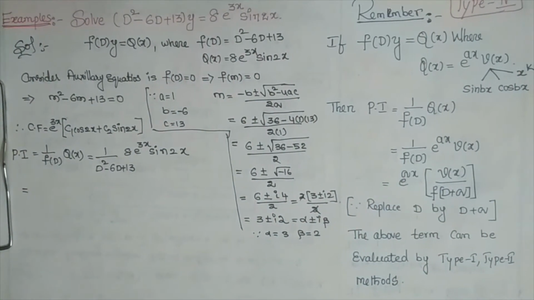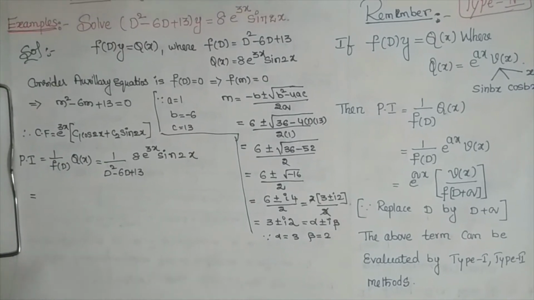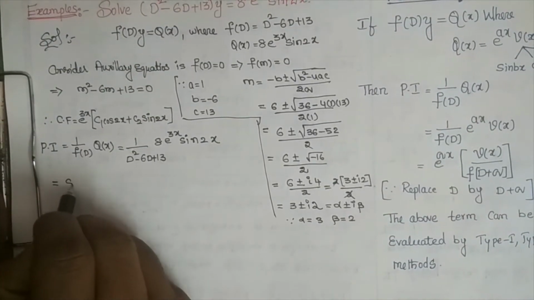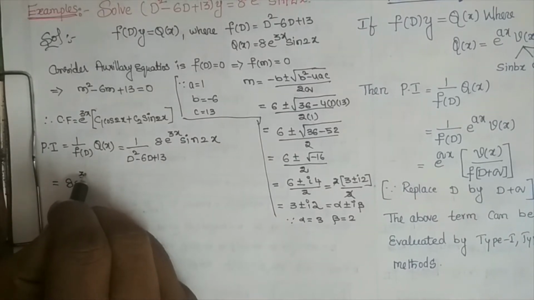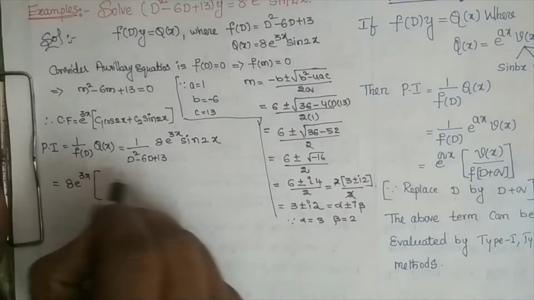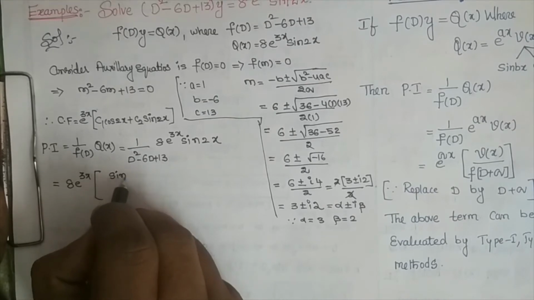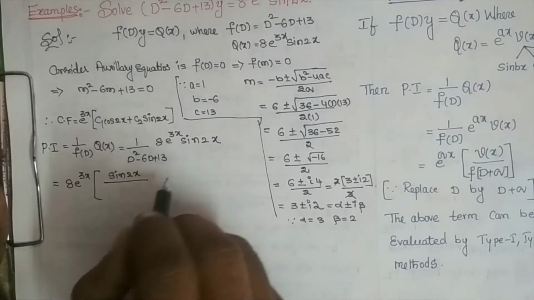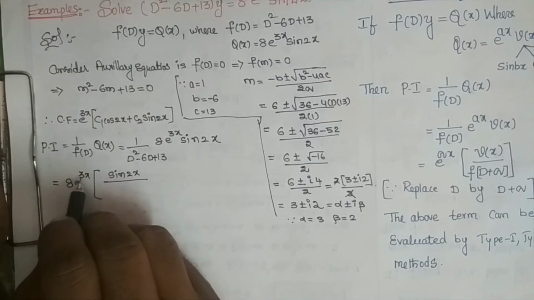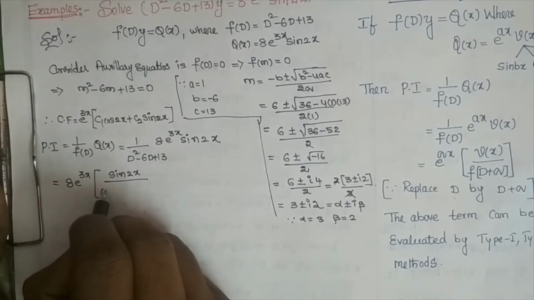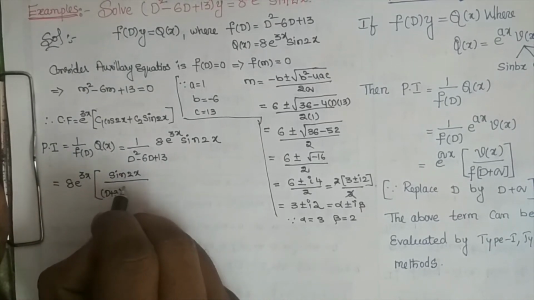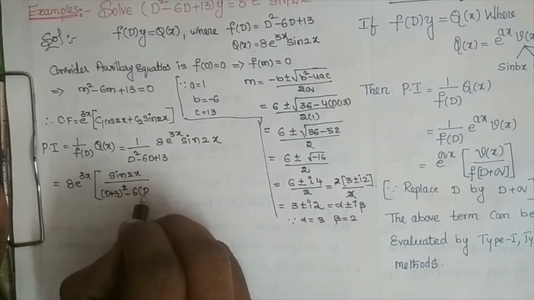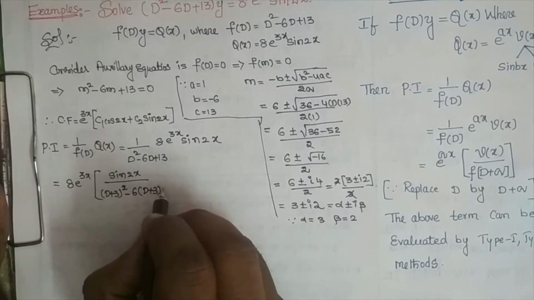We should replace D by D plus a. So I can write 8 into e power 3x, sin 2x, which is V of x, by D replaced by D plus a, where a is 3. So D plus 3 whole square minus 6 into D plus 3 plus 13.